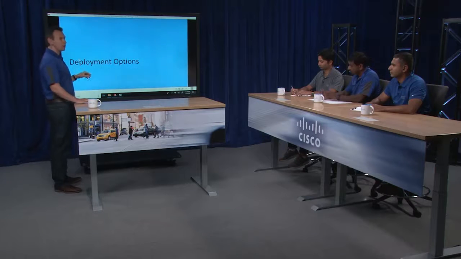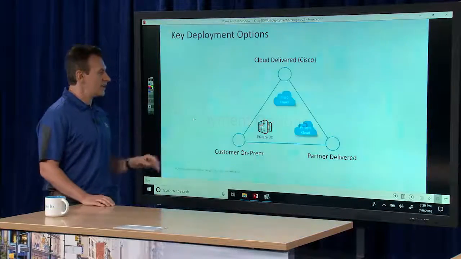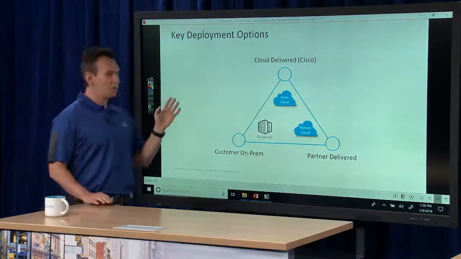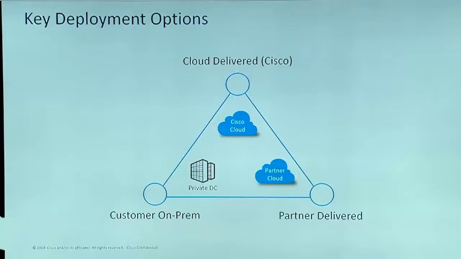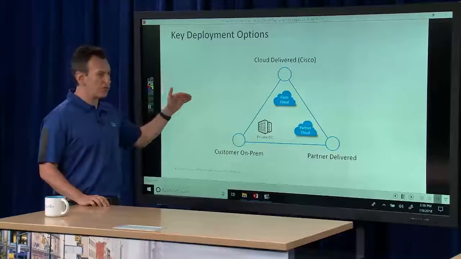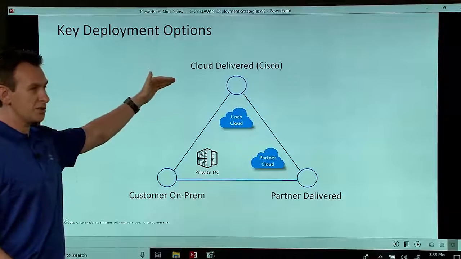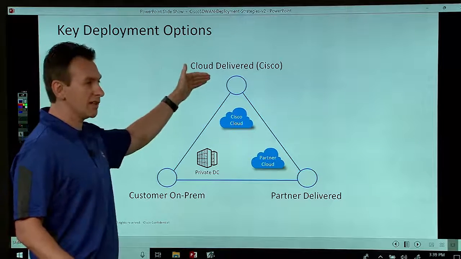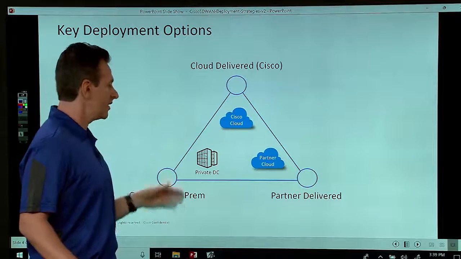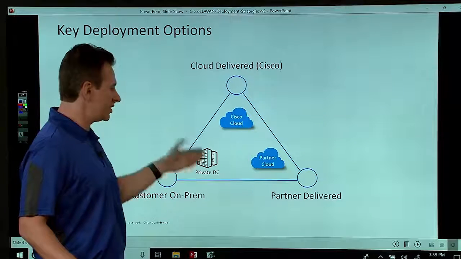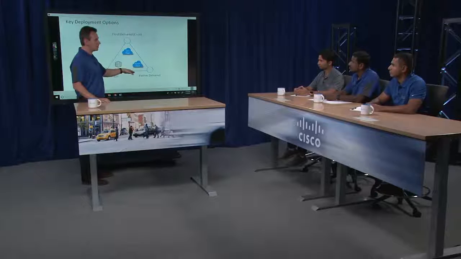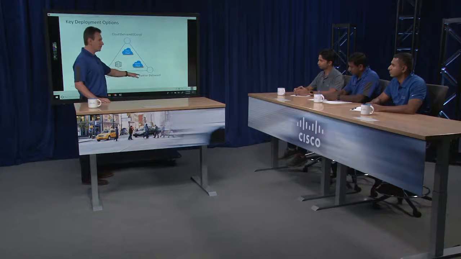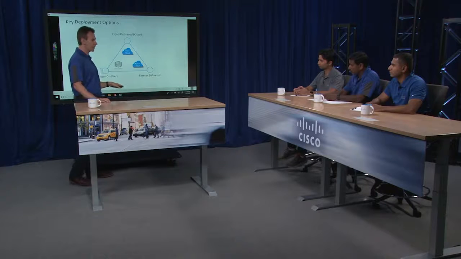So let's talk about the deployment options. As I mentioned, there are three primary deployment options that exist for Cisco SD-WAN. The first and the preferred option is the cloud-delivered solution, where the Cisco SD-WAN is delivered out of the Cisco public backend cloud. The second option is an opportunity for partners to have the Cisco SD-WAN solution as a partner-delivered solution, and we're going to talk about what partner-delivered really means.